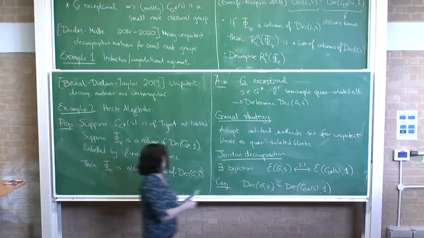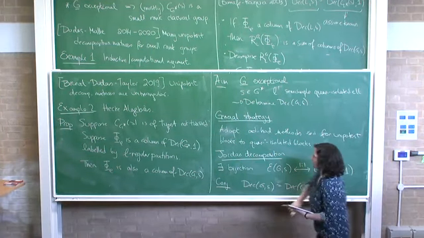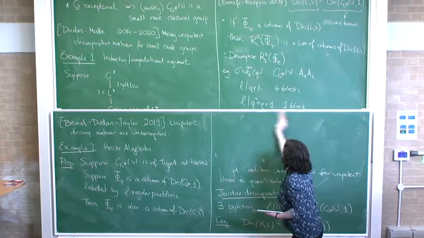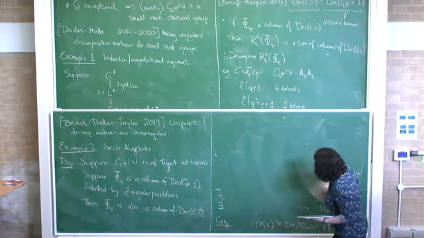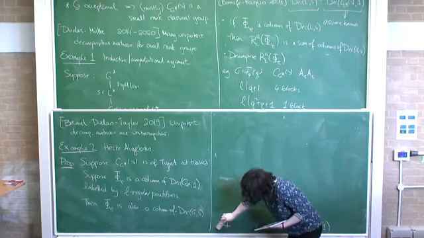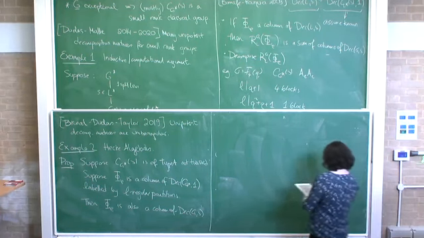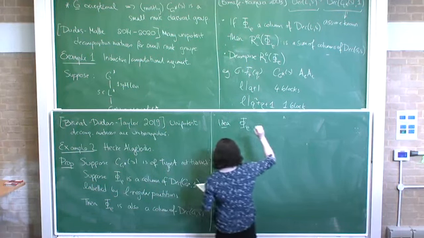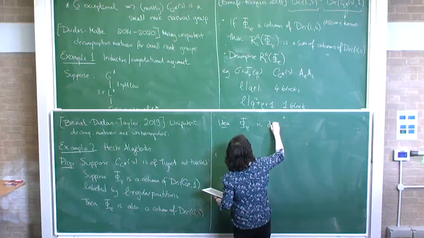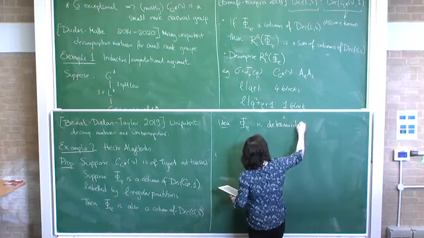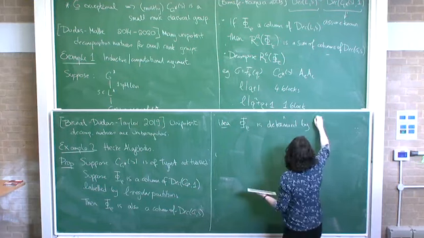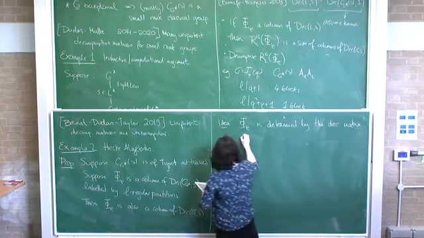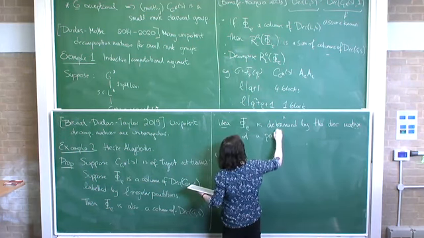And, okay, in one second, why does this have anything to do with Hecke algebras? So as I said, this phi phi is determined by the decomposition matrix of a particular Hecke algebra.